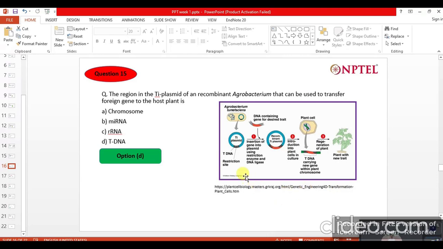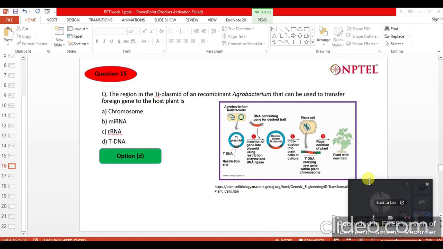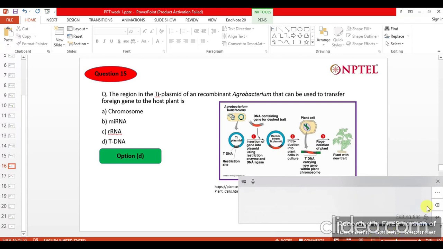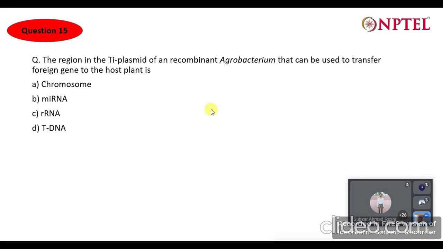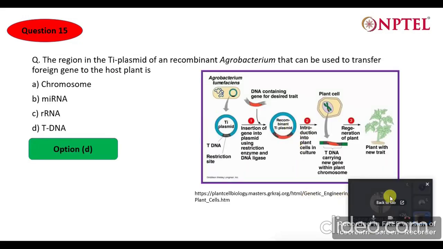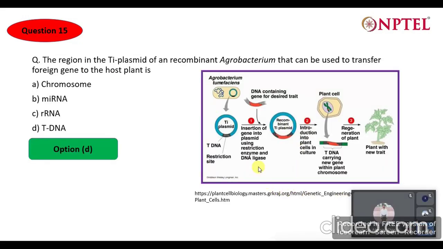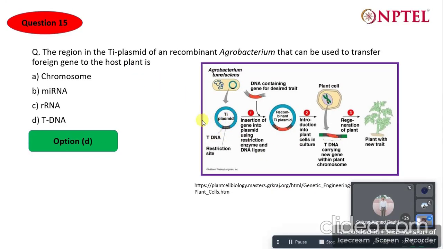So in this question, we described the tDNA, right? So what happens is, the whole agrobacterium does not go inside the plant.